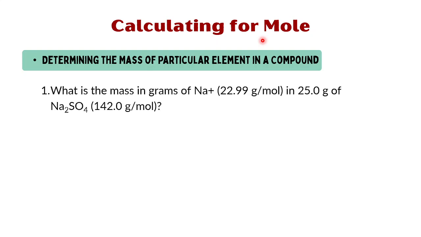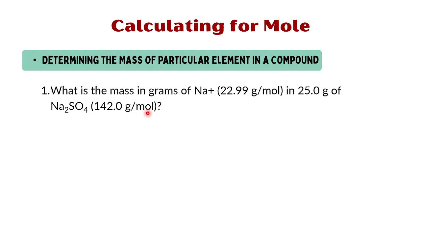Okay? So say for example, this is just a practice, no? How do we calculate the mass of a particular element by just using the molar mass and the mole? So here we have the question: what is the mass in grams of sodium, which has a molar mass of 22.99 grams per mole, in 25.0 grams of sodium sulfate, which has a molar mass of 142.0 grams per mole?